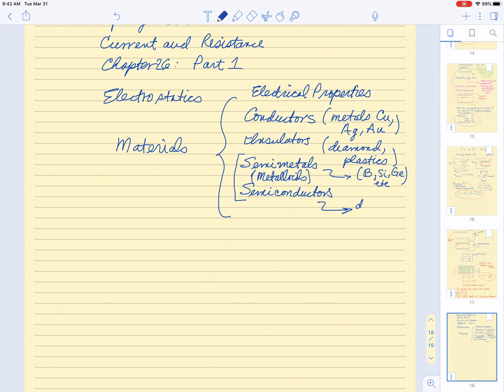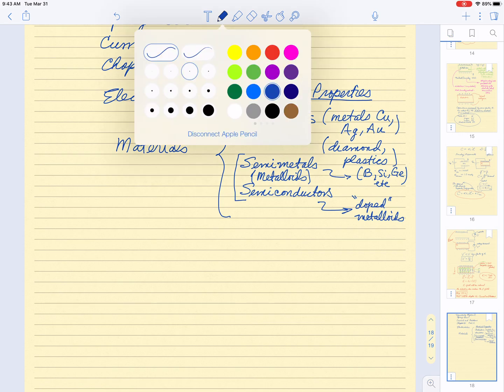Okay, so we have doped. You don't know what that term is yet, but I might describe it to you. Doped metalloids then can become semiconductors. So I just wanted to break up the materials into those basic 3 or 4 camps.